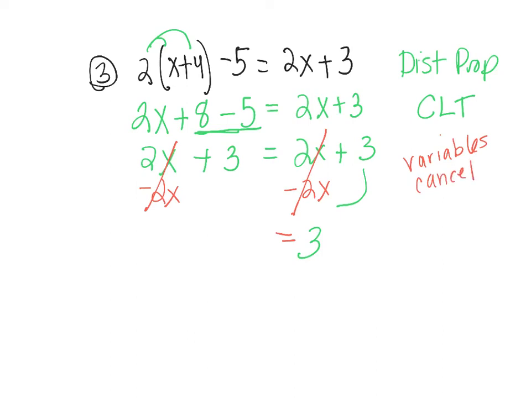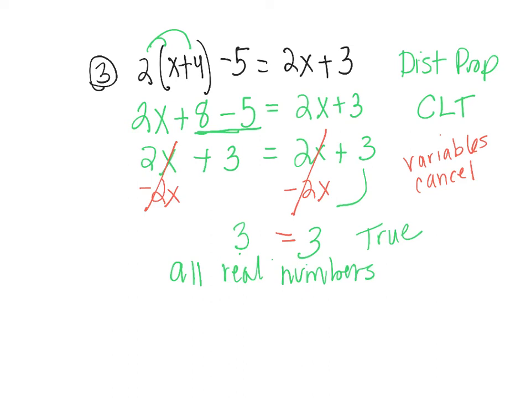So right there we see that our variables on both sides are canceling out. And that's kind of our red flag. Hey, special type of equation coming here. What type of equation is that? When we drop down that last constant, we now have something that is true. 3 does equal 3. Our conclusion for this is that our solution to this equation is that all real numbers are possible solutions.